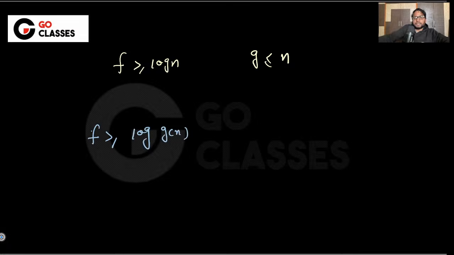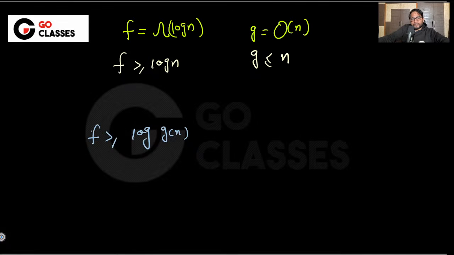Ideally, I should be writing it like this: given that f is big omega of log n and g is big O of n, then can you say f is big omega of log of g(n)? So what do you think?